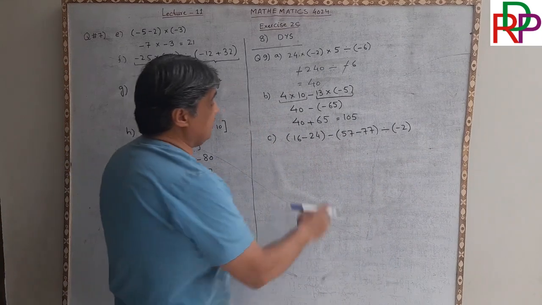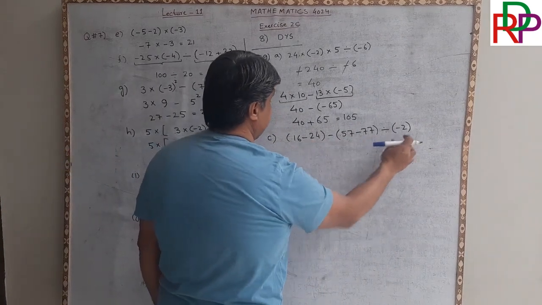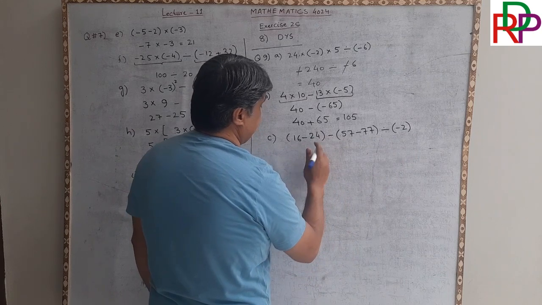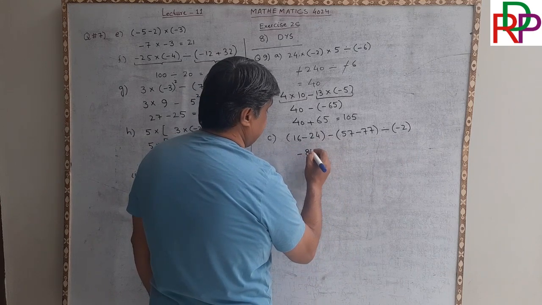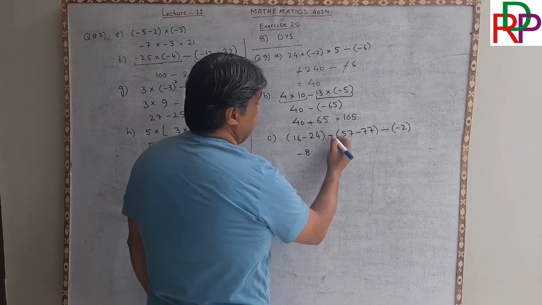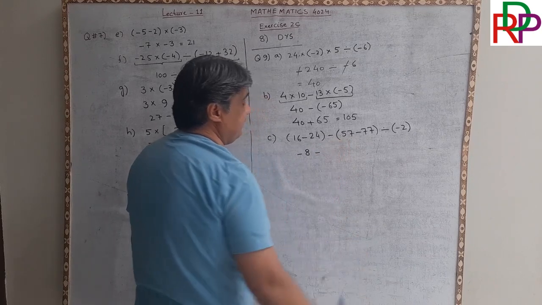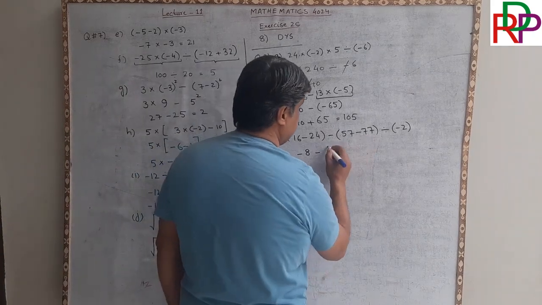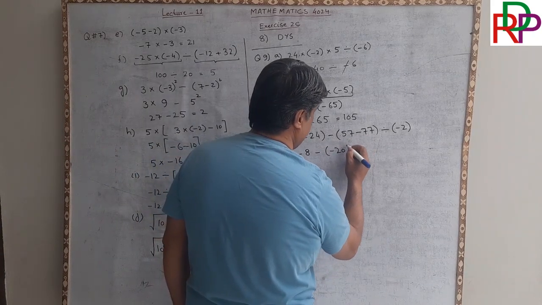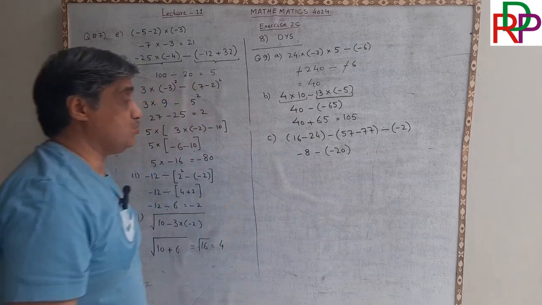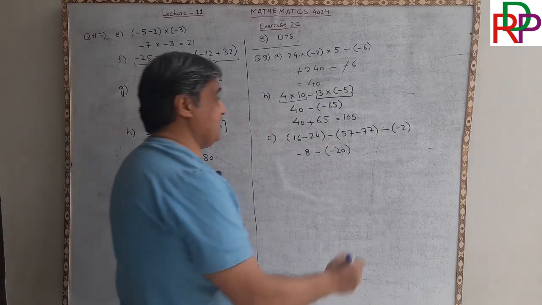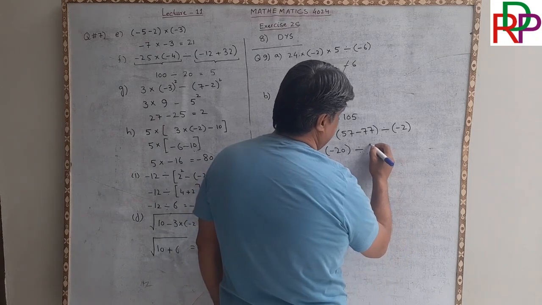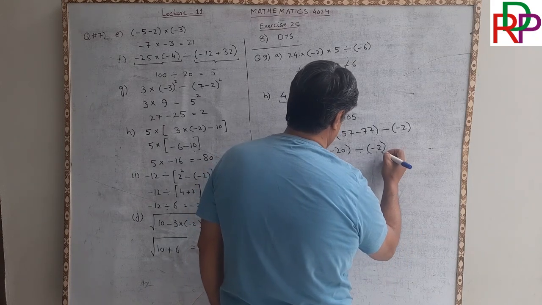So let us solve the brackets separately. 16 minus 24 means minus 8, and then the minus symbol will come in its place, and from this in the parenthesis there will be minus 20, and then the divide symbol will come in its place, and then minus 2.